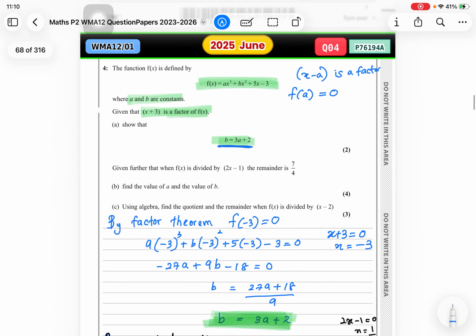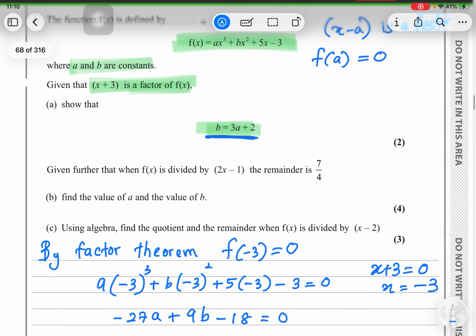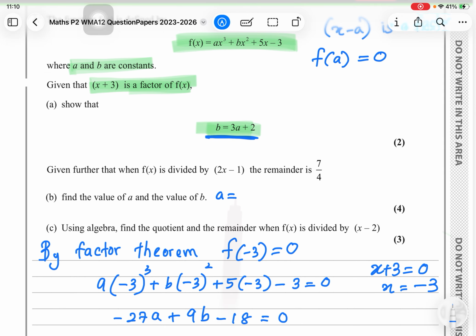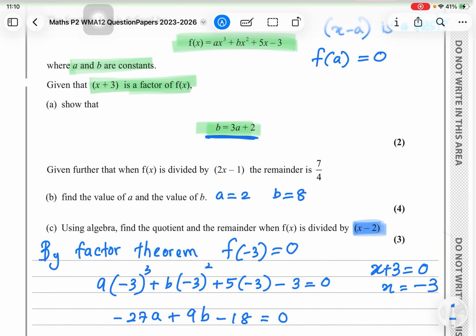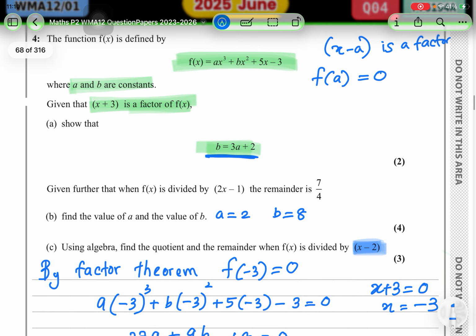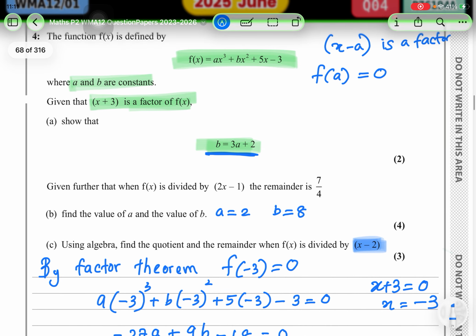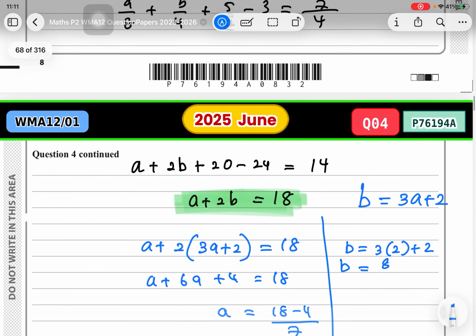Let's see what else they're asking. A is 2 and b is 8. Using algebra, find the quotient and the remainder when f(x) is divided by x minus 2. Here they are asking for the remainder and the quotient both, so we will need to go to algebraic division. We know the a and b, so let's write our f(x).